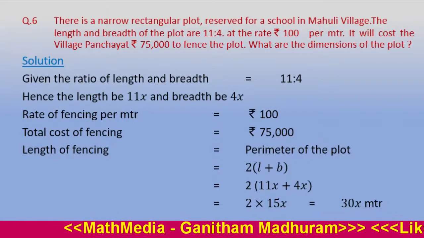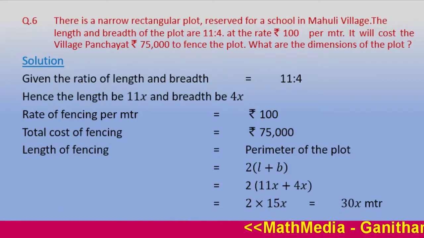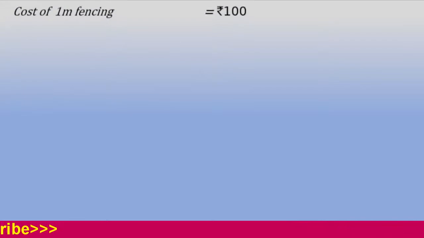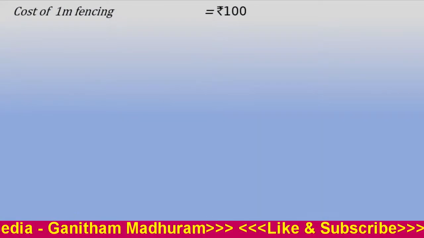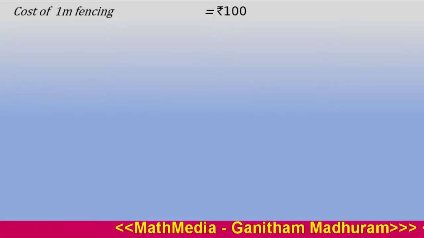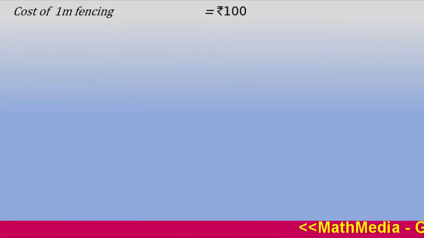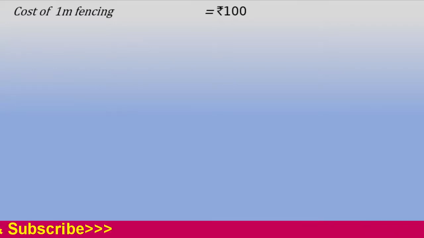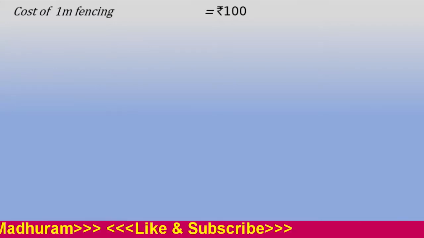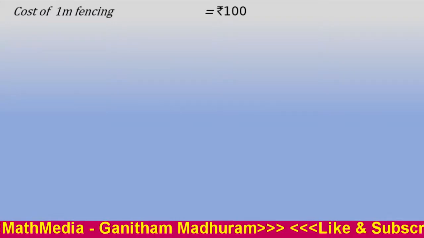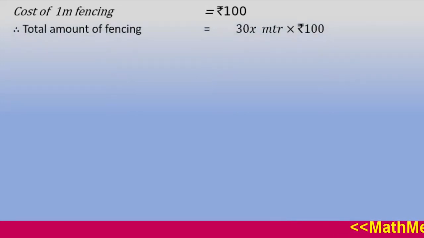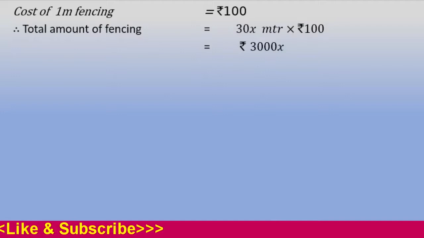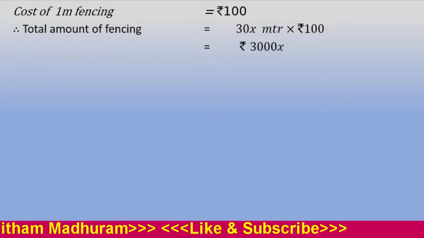That means we have to fence 30x meters. The cost of 1 meter of fencing is rupees 100. Therefore the total cost of fencing will be 30x meter multiplied by rupees 100, that is equal to rupees 3000x.